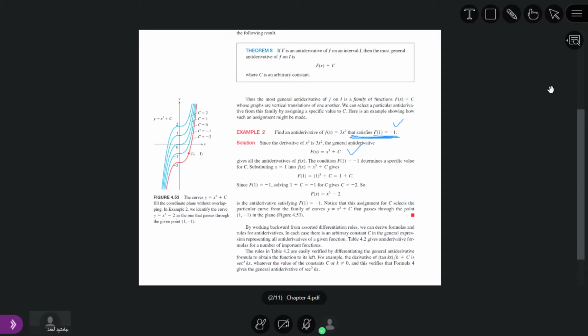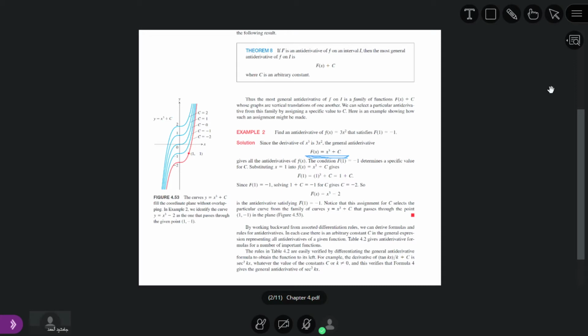First we solve this, then I will put different values and solve again. So the antiderivative is F of x equal to x power 3 plus constant. Now we want to find the value of the constant.